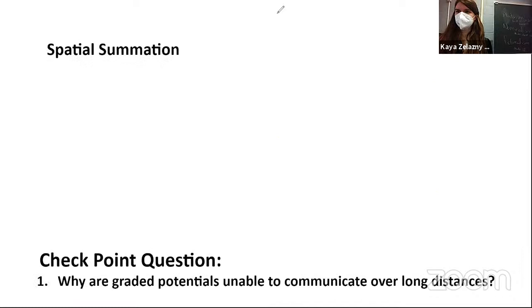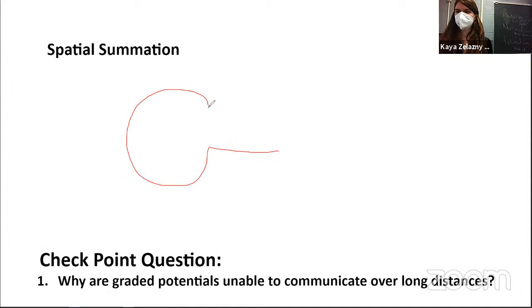Versus in spatial summation, this actually looks slightly more neuronal here. We're talking about two signals coming in. Let's say each of them at this point raise the local membrane potential by 30, which means over here maybe we're at plus 20, so that would be 50 total, sorry, negative 50.